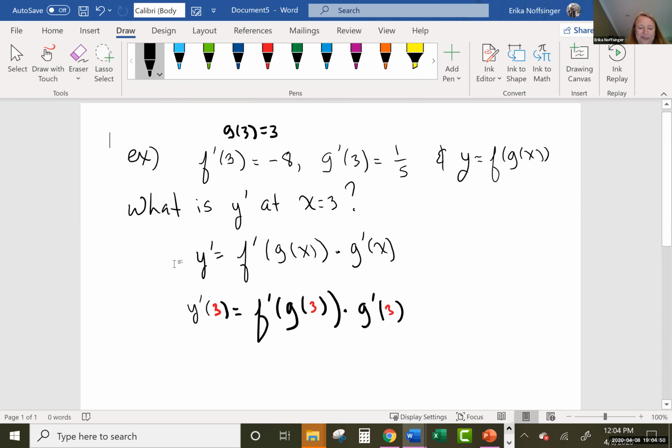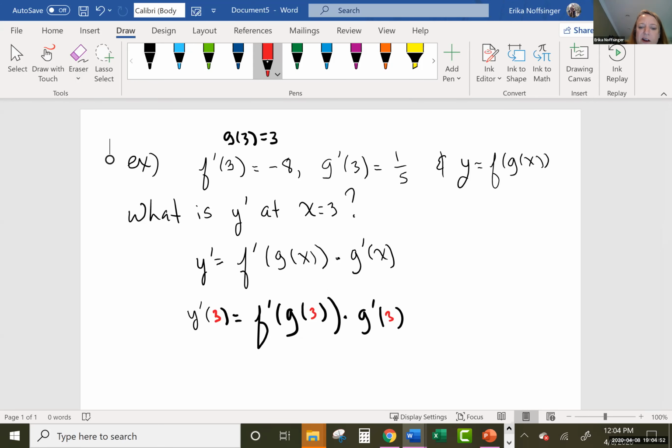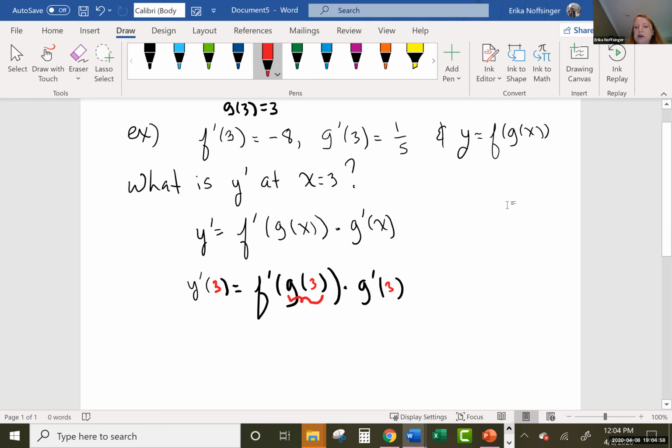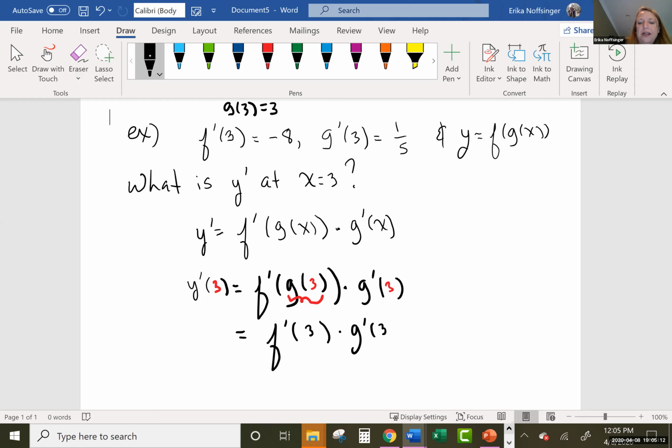Okay, so that piece that I missed, notice, is our inner piece of the derivative of f of x. And so if we replace what g of 3 is, which is 3, this would equal the derivative evaluated at 3 times the derivative of g of x evaluated at 3.